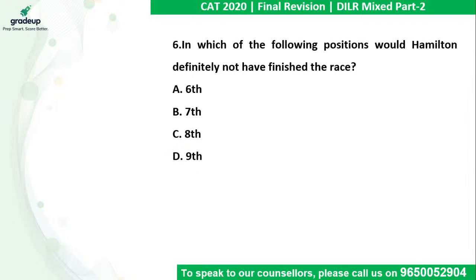Question 60 says, in which of the following positions would Hamilton definitely not have finished the race? So we have to study all the possibilities for Hamilton now. We have studied a couple of possibilities, but we have to study all the possibilities for the position where Hamilton will definitely not finish the race.